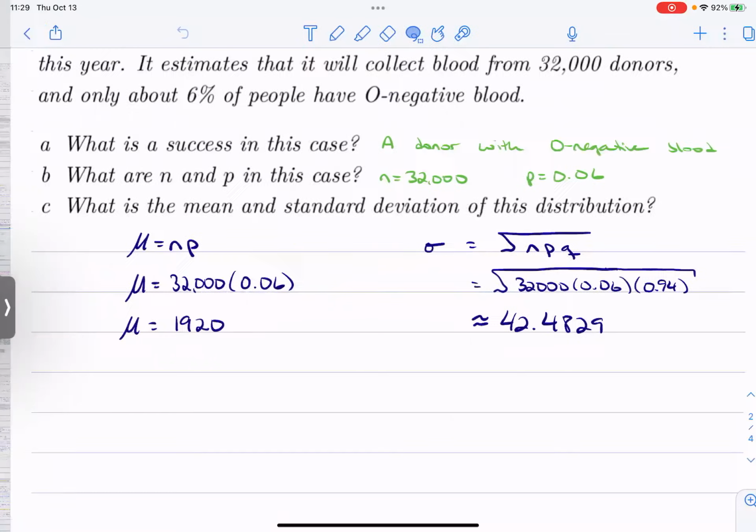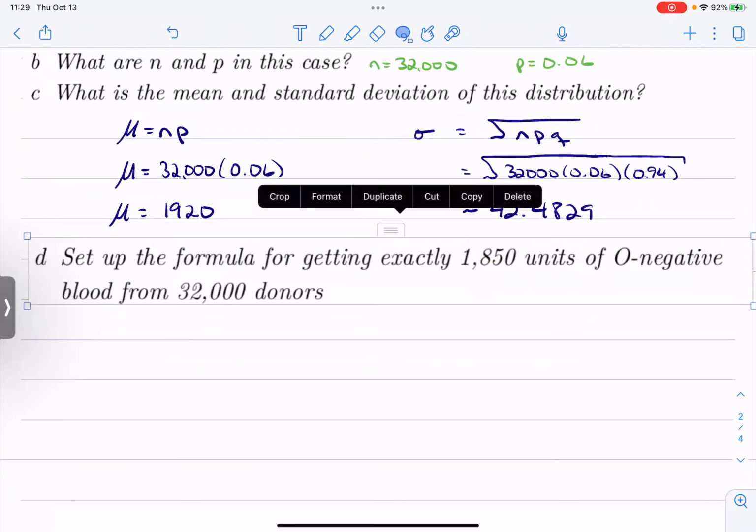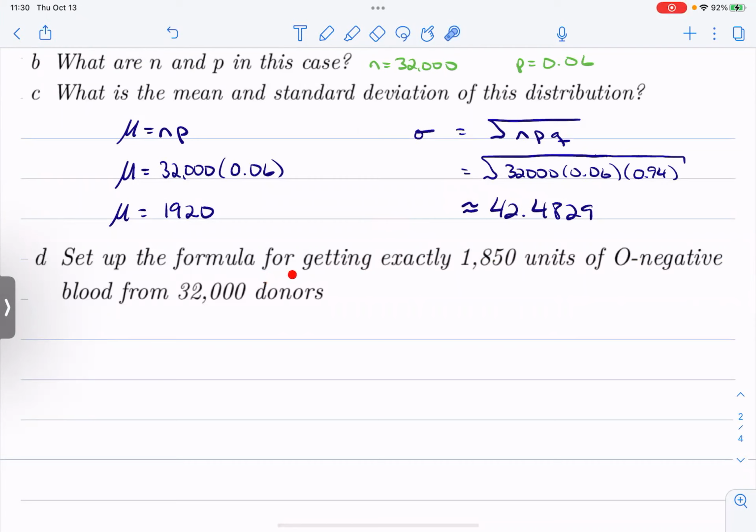As an exercise, I want you to set up the formula. So just set it up. I'll show you why we won't be able to solve it. Set up the formula for getting exactly 1,850 units of O negative blood. So here, let's use this. This makes it a binomial with K equal to 1,850.